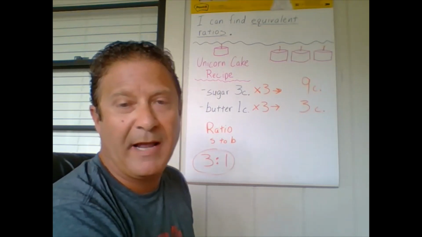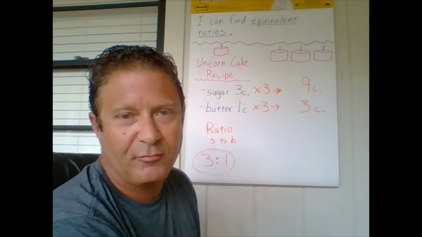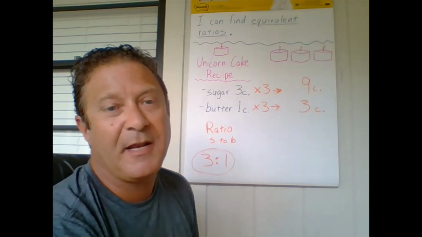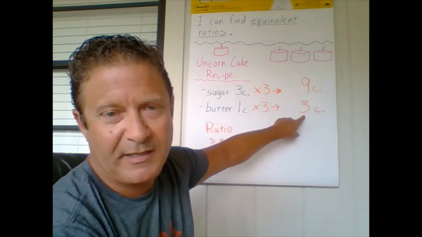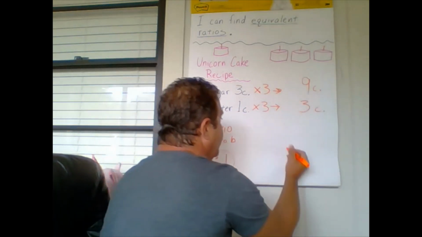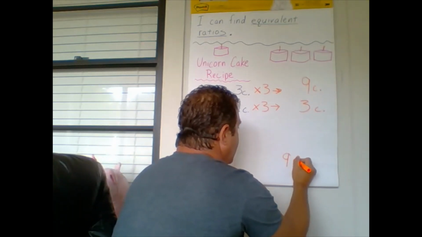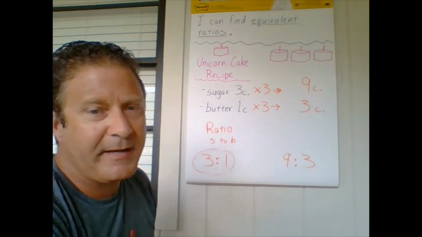So now my new recipe for 3 cakes: when I go to the store, instead of just buying 3 cups of sugar and 1 cup of butter, I'm going to need to buy 9 cups of sugar and 3 cups of butter. My new ratio? 9 to 3.